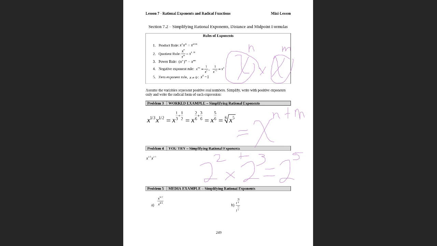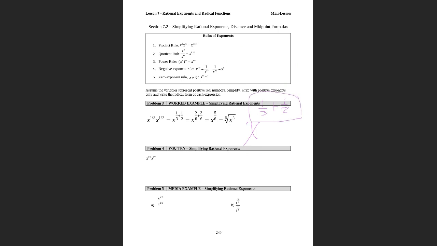So if you look at problem 3 here, you would see that I've got x to the power 1/3 times x to the power 1/2. It's multiplying, so you add the fractions. You have x to the power 1/3 plus 1/2. So the problem now is how to add this. Put that in your calculator, that's fine. But you should be able to add this.